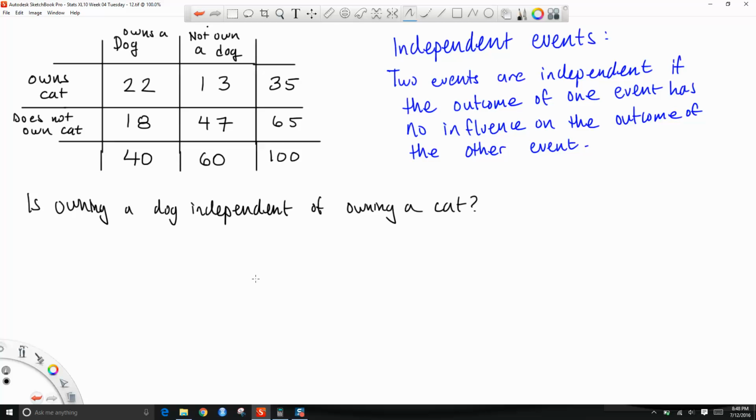So is the probability of owning a dog influenced if we know this person has a cat or not? Okay, that's what we want to know. So is owning a dog independent of owning a cat? Another way of asking this is, if a person owns a cat, does that affect the probability that this person has a dog?